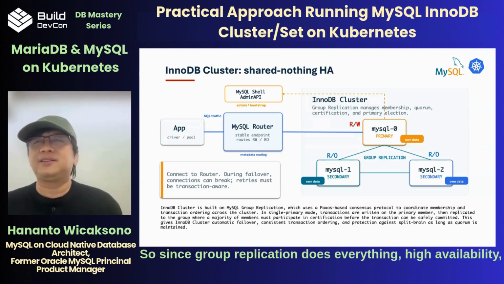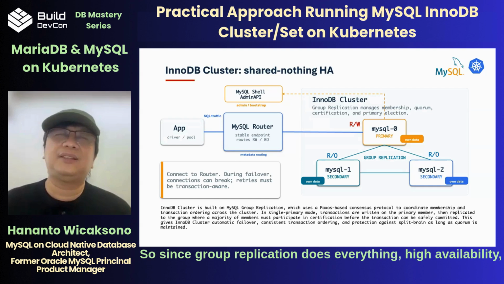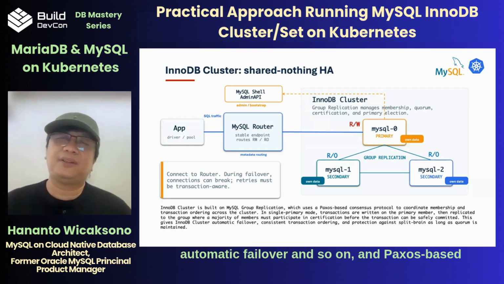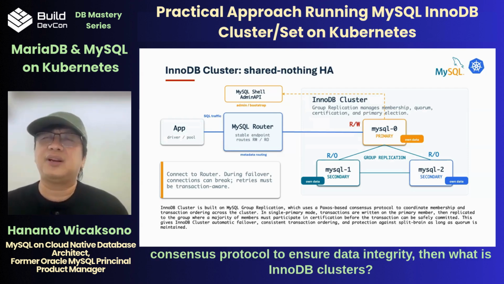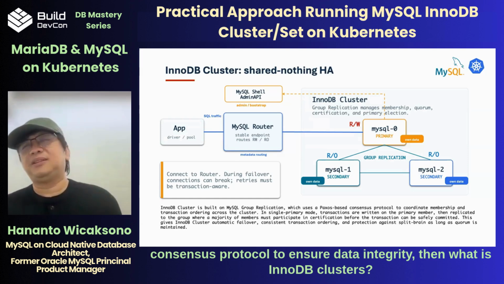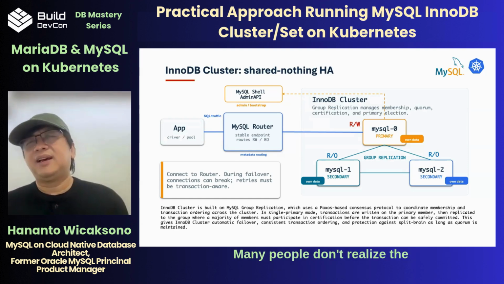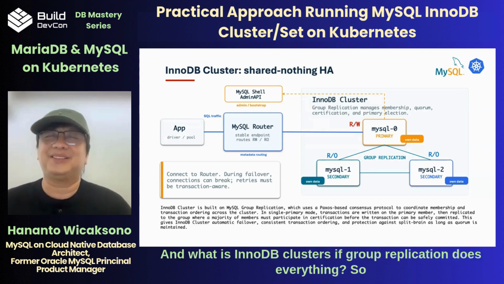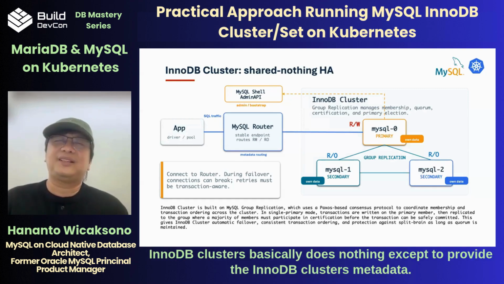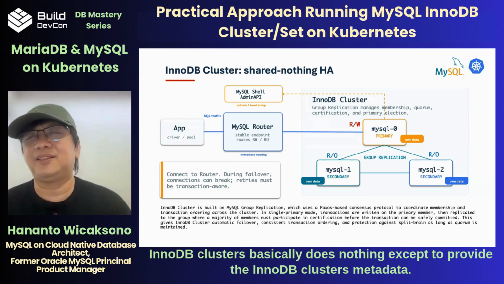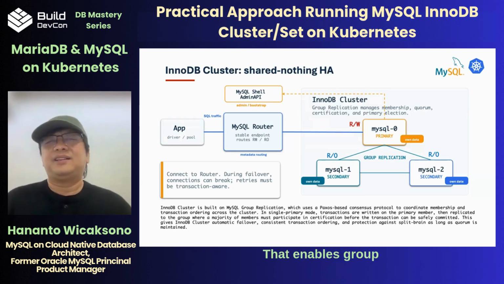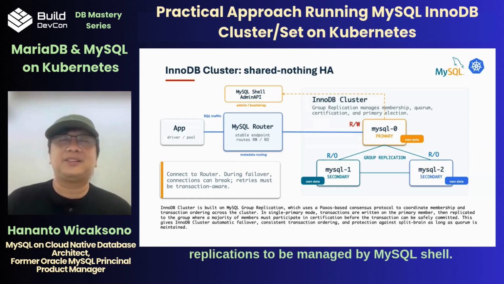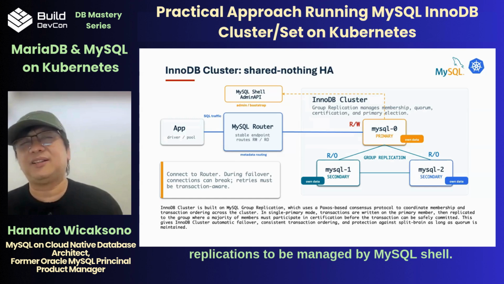Since group replication does everything, high availability, data consistency, automatic failover, and uses a Paxos-based consensus protocol to ensure data integrity, then what is InnoDB cluster? Many people don't realize the differences and similarities between InnoDB cluster and group replication. So InnoDB cluster basically does nothing except provide the InnoDB cluster metadata that enables group replication to be managed by MySQL Shell.